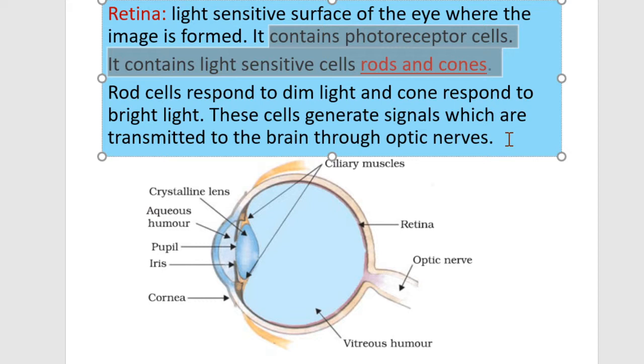These are the cells which generate the visual signals; they receive the information in visual form. So suppose you're looking at a tree, then the rods and the cones will help the eye to receive a visual picture, a visual image. So that is the retina.